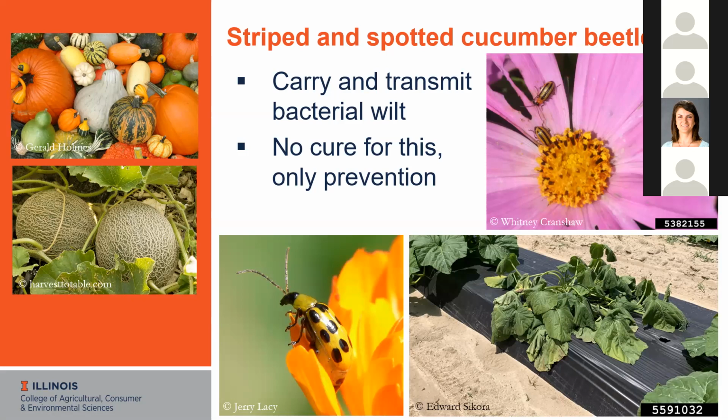And it can, in places, lead to an 80% reduction in yield. And of course, there's no cure for this disease. And once a plant is infected, it will eventually succumb. So we spend a lot of time and effort to control these particular pests.